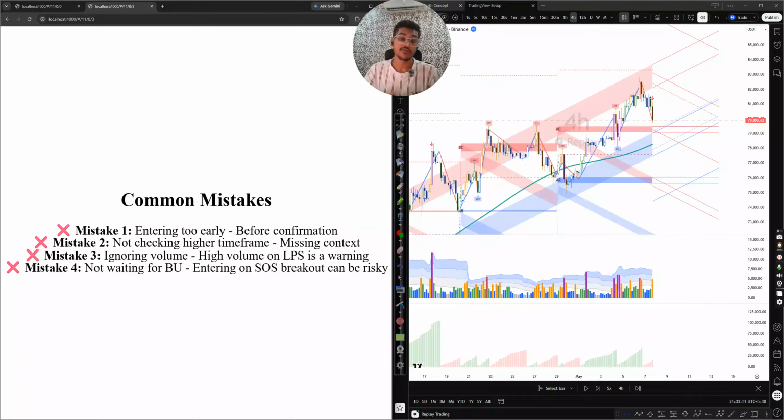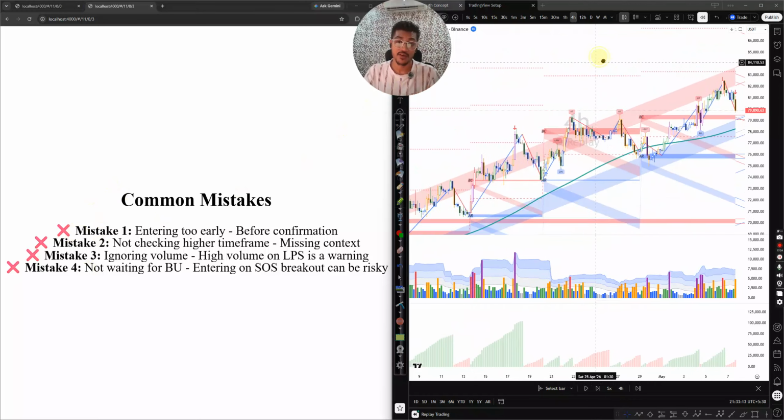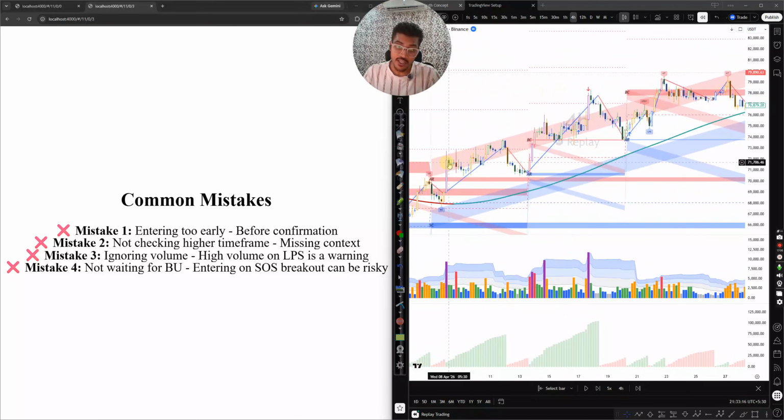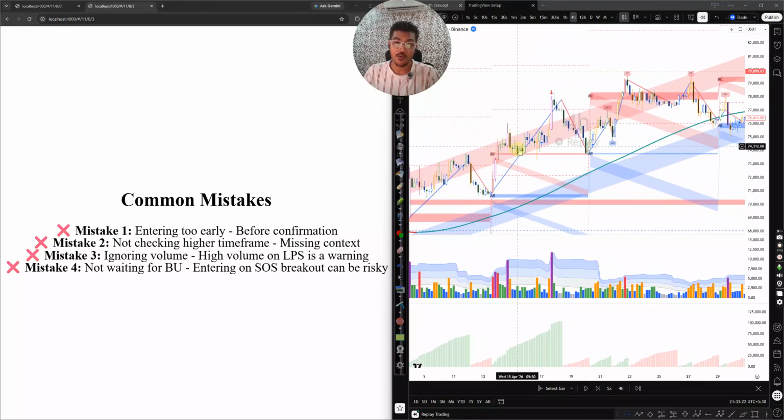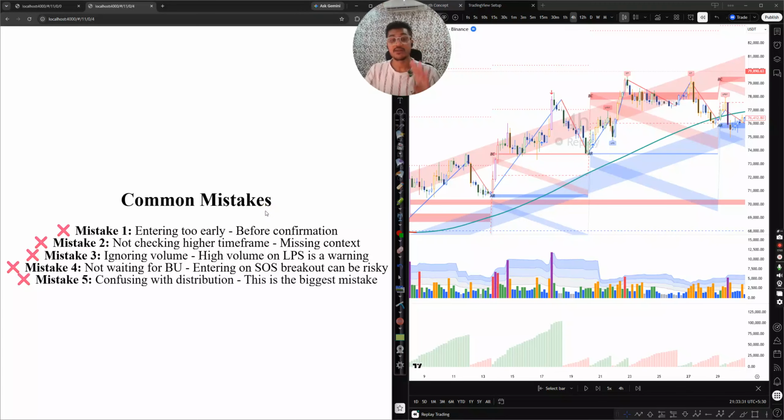Entering on a sign of strength breakout can be risky. If you're taking a trade on this one, for 2-3 days you're just going sideways. Instead, after the breakout, wait for the pullback, the backing up action, then you take the trade, and then you can quickly book profit.